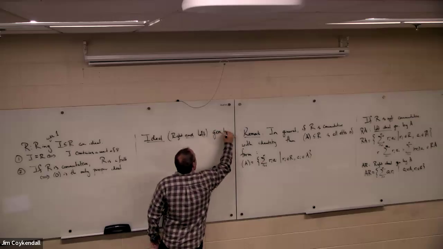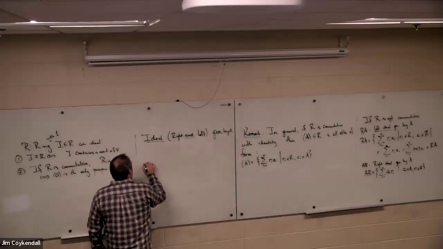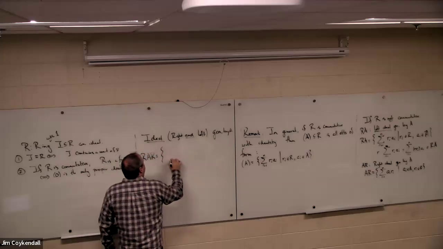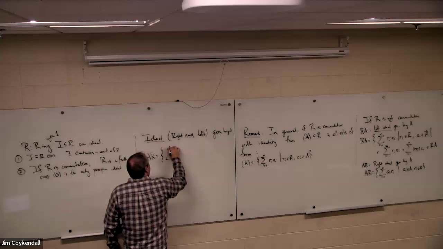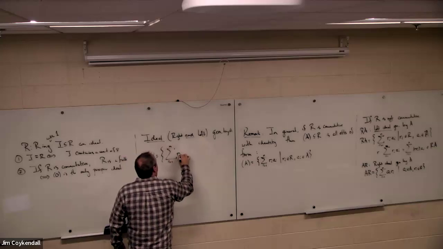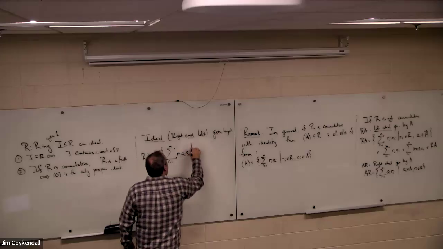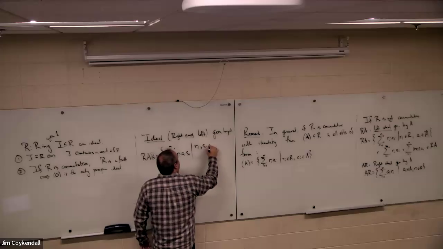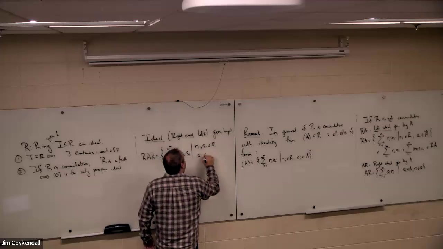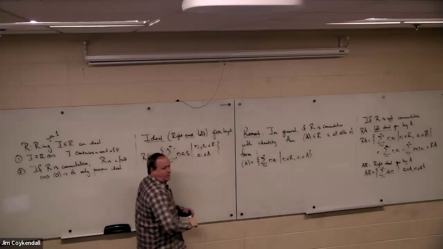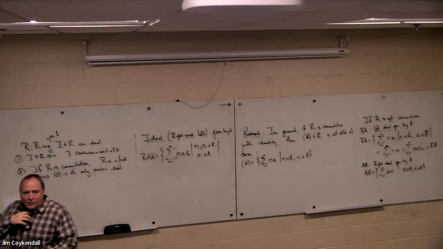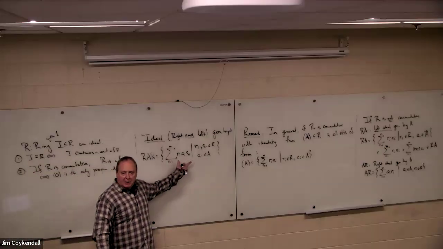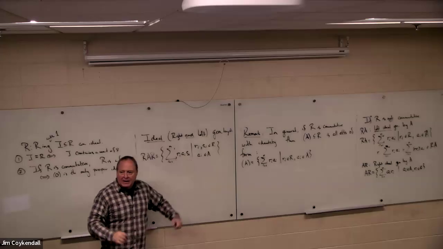The ideal generated by A is the set of things like this: sums of r_i a_i s_i, with r_i and s_i in R. Now, again, this forms a subgroup, but now I've sort of got it protected on both sides. So this now sucks in from the left and the right.